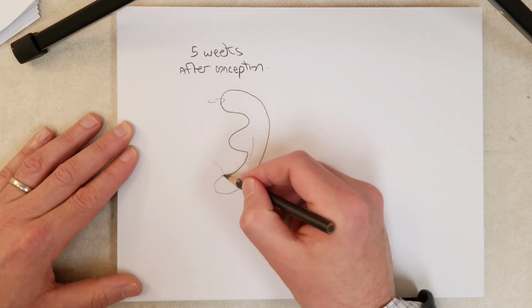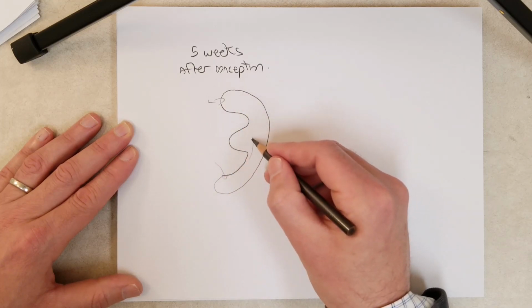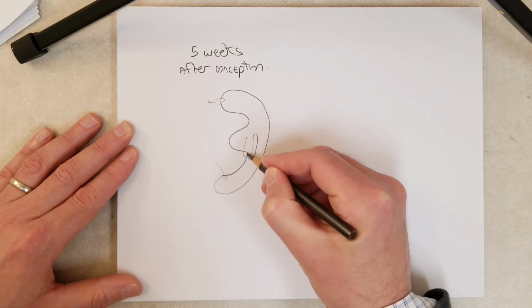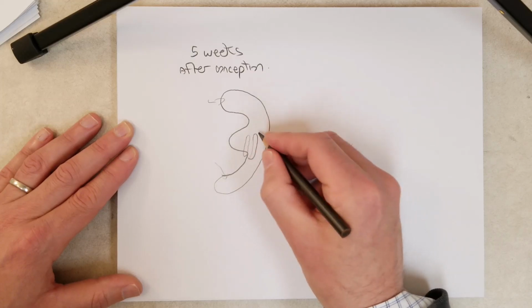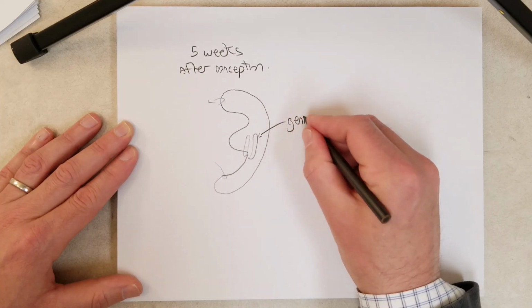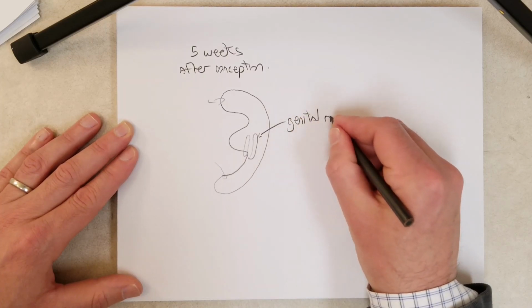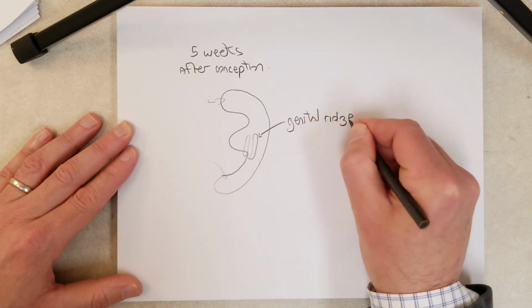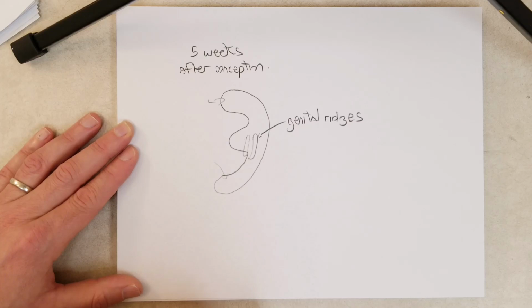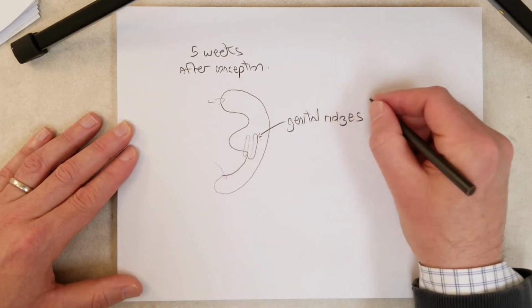This might be hindgut, maybe. Not really sure. But what I want to point out is that somewhere in here, on each side, there's going to be this tissue that is called the genital ridge. And there are two of them, so there are two genital ridges, on either side of this little embryo right here.